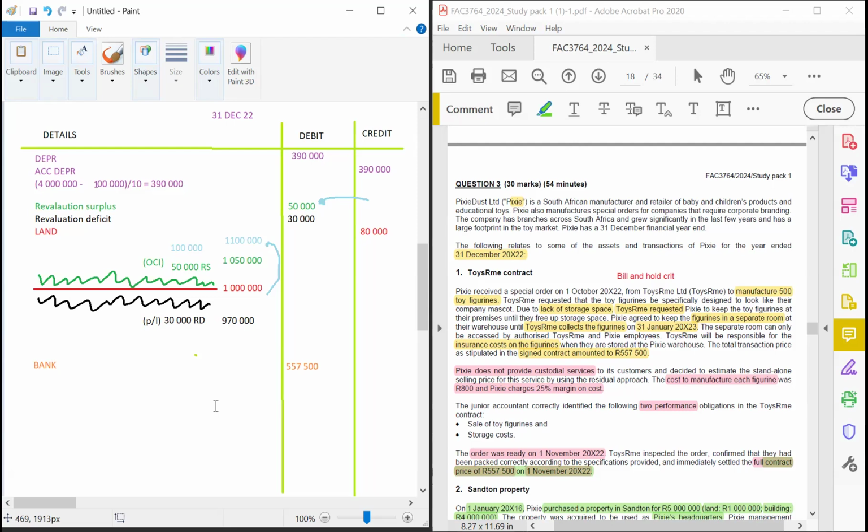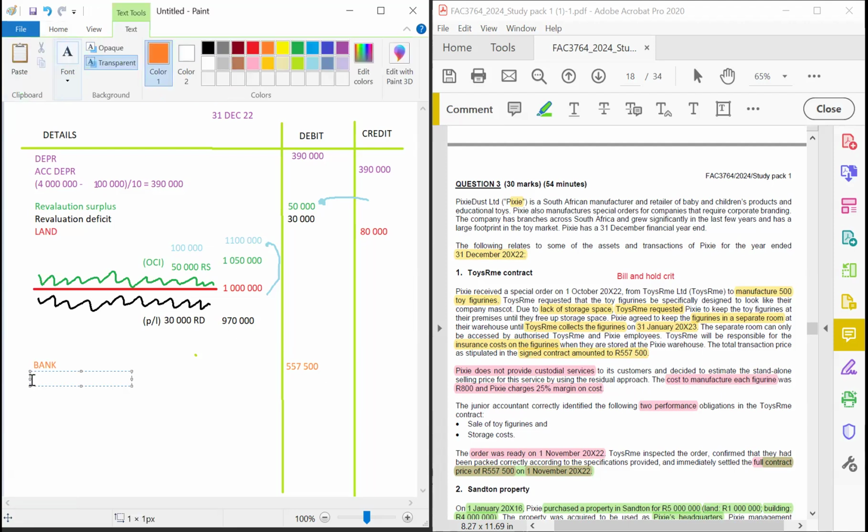But now, when we are going to consider everything, we had sold 500 toy figurines, right? And Pixie charges 800, marked up with 25%. So that's what I can recognize as revenue, right? So now revenue would be the 500 figurines. The 500, I'm getting it here, right?